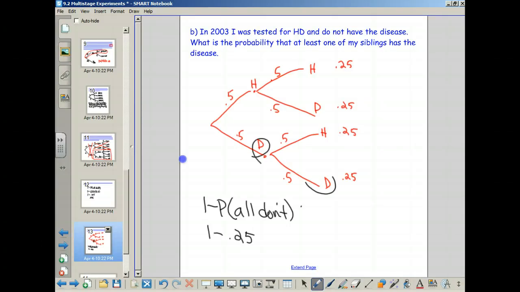It's this branch right down here. So there is still a 0.75 chance hanging out there that one of my siblings has Huntington's disease. And just to make things more interesting, they all have kids. My brother has 2, my sibling is about to have a second, my sister has 3. So if one of them has it, then their children are at risk of having this disease as well.